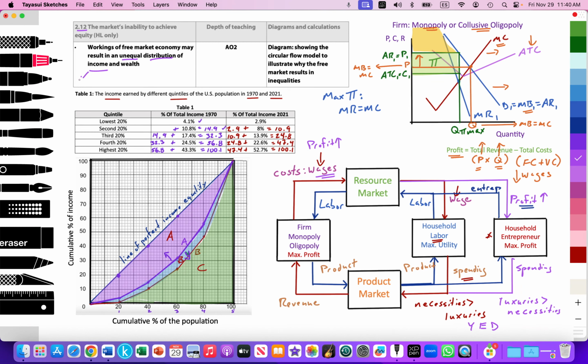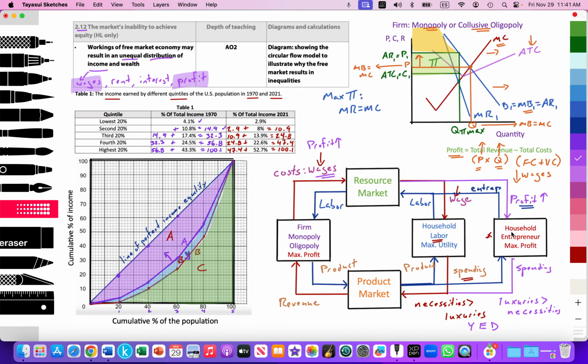Income being wages from labor, rent from land resources, interest from capital resources, and profit from entrepreneurship. And we are distinguishing between the household that's generating a wage and the household that's generating profit. And that distinction is helping us understand that unequal distribution in income: lower wages for the household with labor, higher profits for the household that's the entrepreneur.